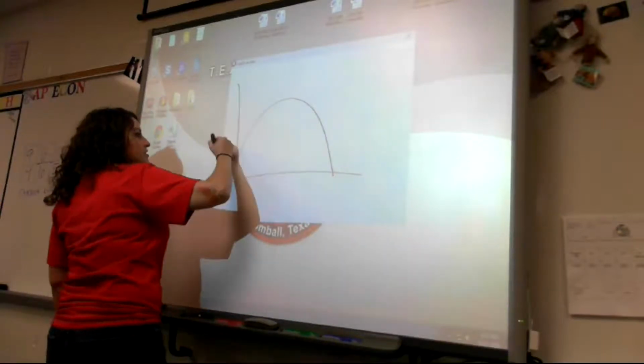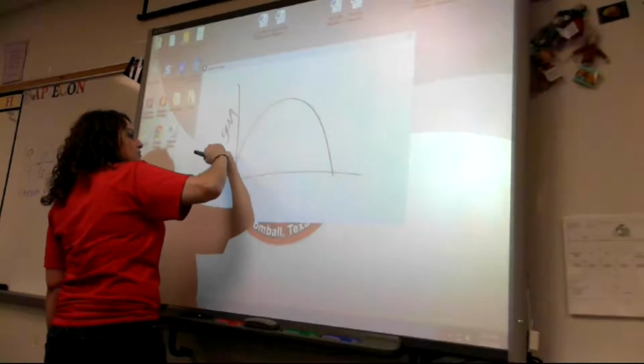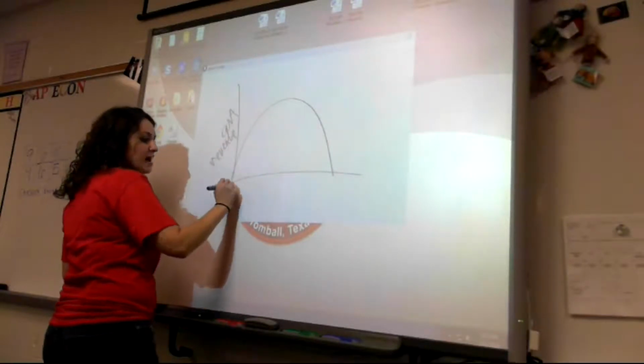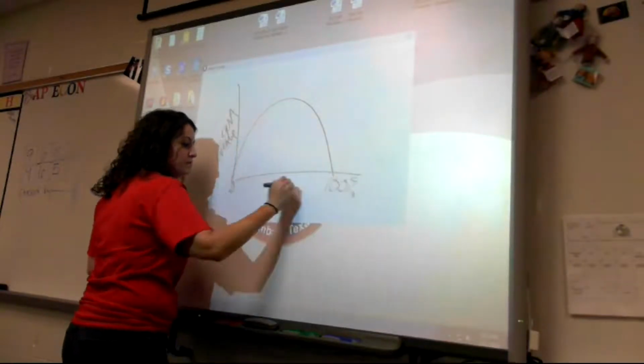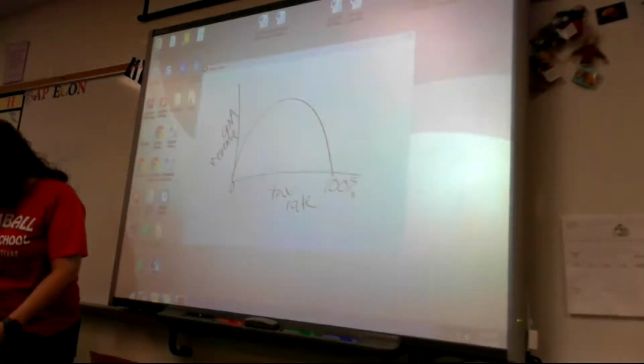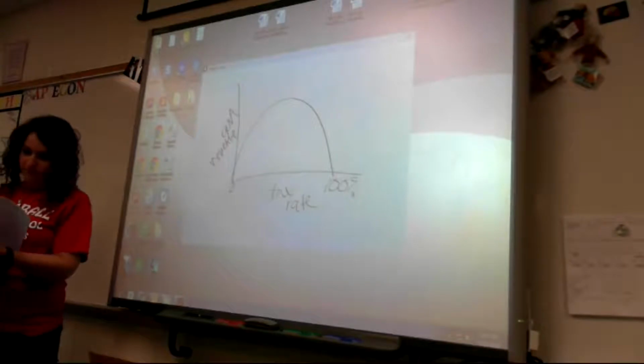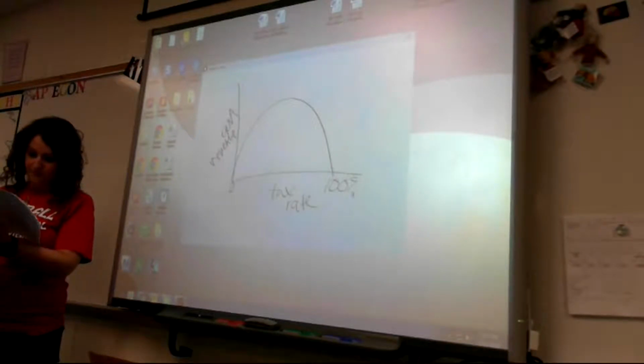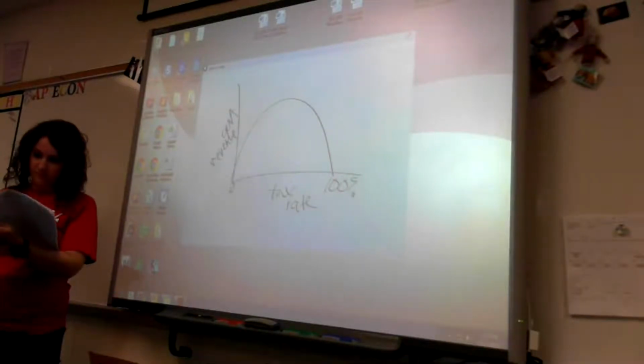Okay. So this is government revenue. This is the tax rate from 0 to 100%. I don't know where you're gonna write Laffer Curve either. Writing it on the board. I got it. Oh, government revenue. What am I saying?